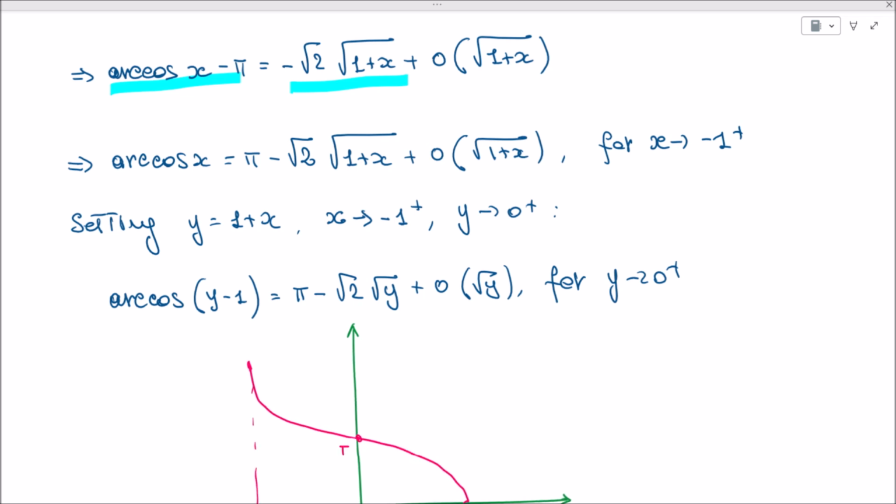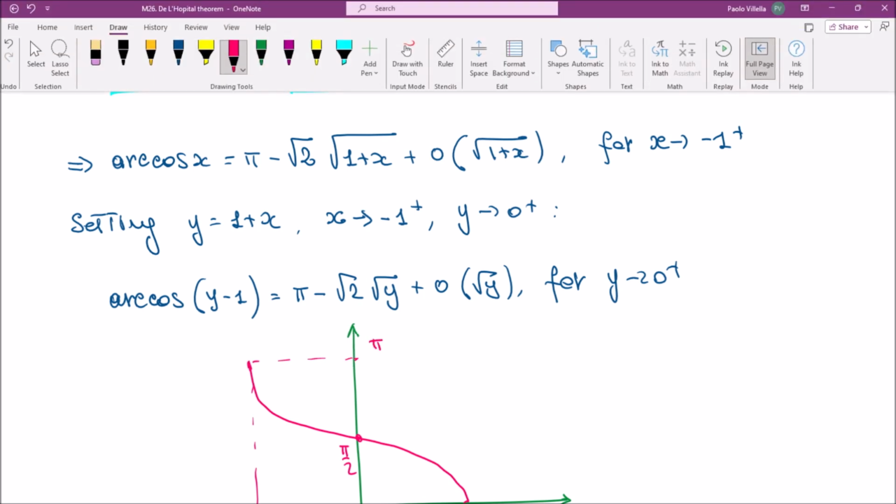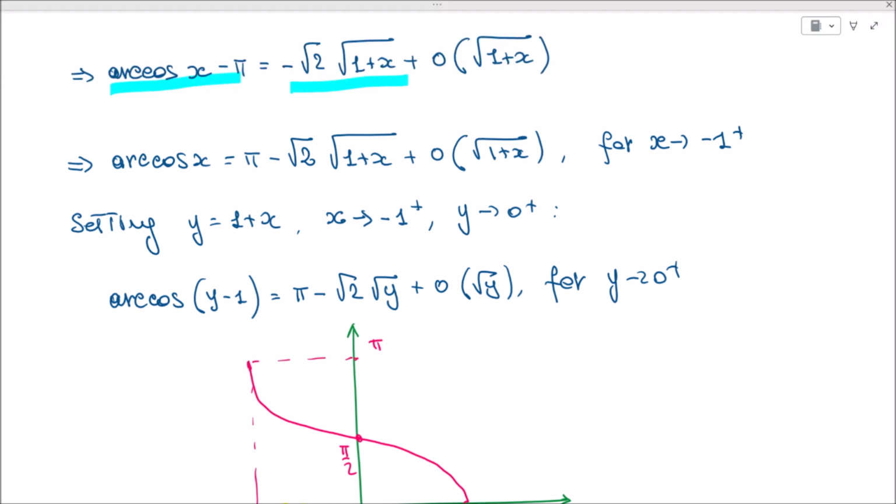We know that this is pi over 2. We know that this is pi, and we were approaching -1 from its right. Okay, so we said that basically this approximation, which is this one, is valid when x tends to -1 plus.